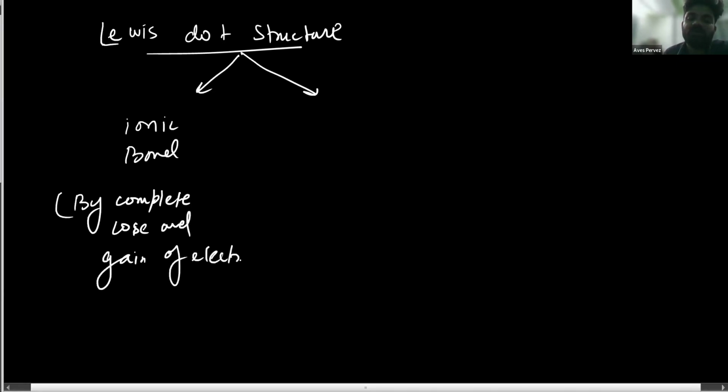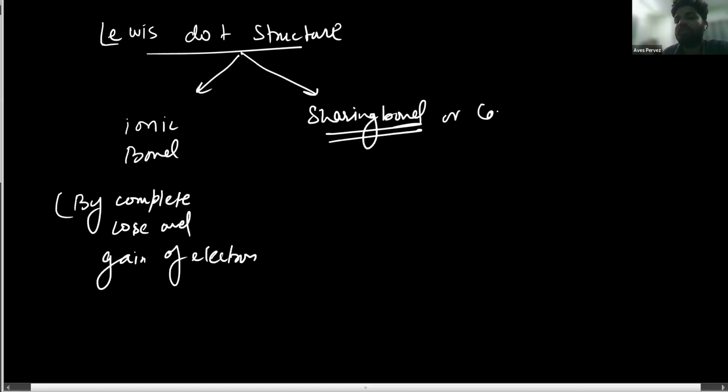We will discuss this one. And another type of bond is the sharing bond, that is called the covalent bond. We will discuss this one in the carbon compounds chapter later.